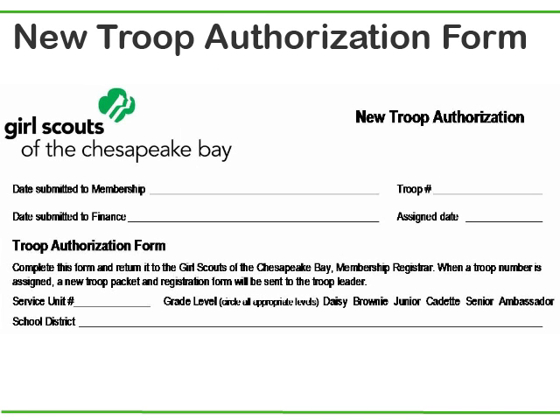The first section will include the date you submitted this form to your Membership and Community Development Specialist, the troop number that you have assigned, the service unit, the grade level for the troop, and the school district.